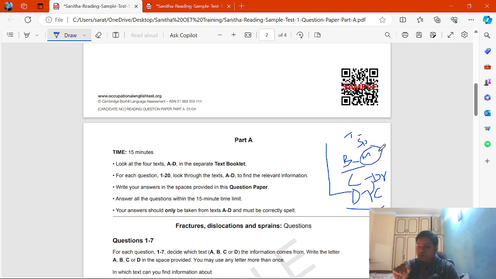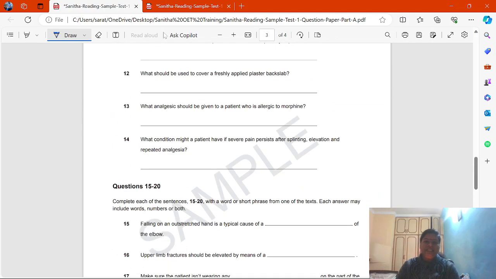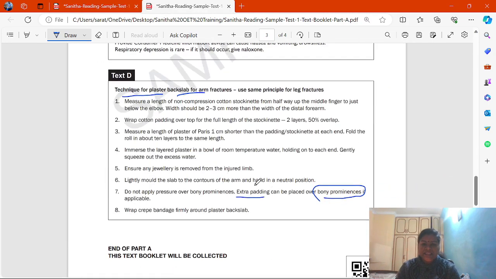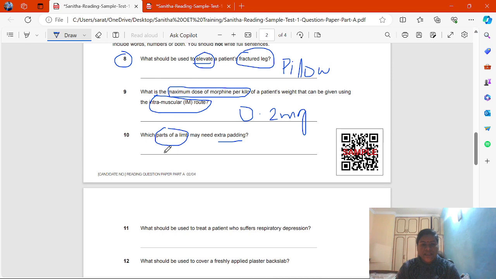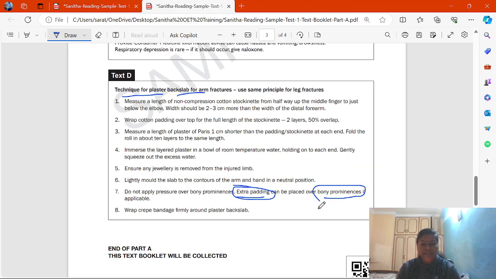If it is not there, you have to go to D. In text D, the extra padding keyword is here. We got the keyword here. What parts of a limb may need extra padding? Limb means bony prominence. Extra padding can be placed over bony prominence. Okay, got it.